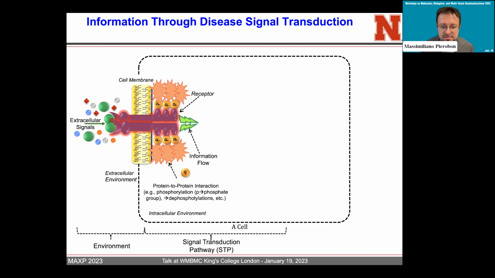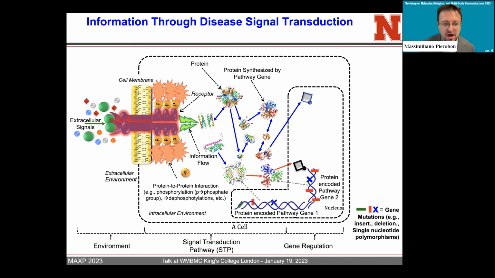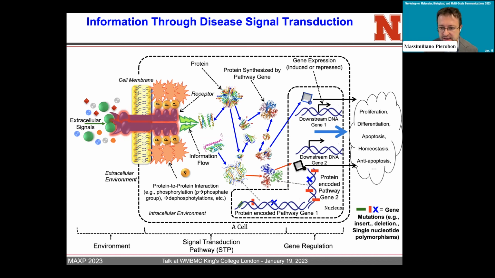But at the same time, we also knew that cancer is one of those diseases that most of the time originates from an information propagation problem. And so what we studied is what happens to a certain network, a signal transduction to gene regulation network inside the cell, when we have cells affected by cancer.